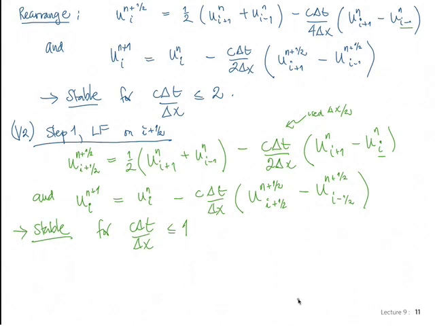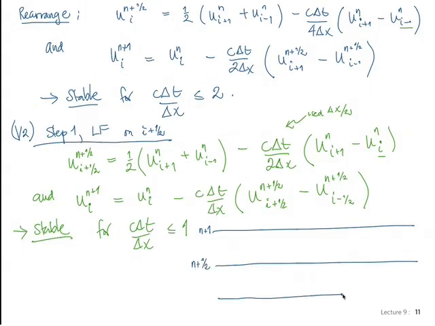So the stencil would look, I'm going to use blue. So we have one, that's going to be n plus 1. This is going to be n plus 1/2, and this is going to be n.